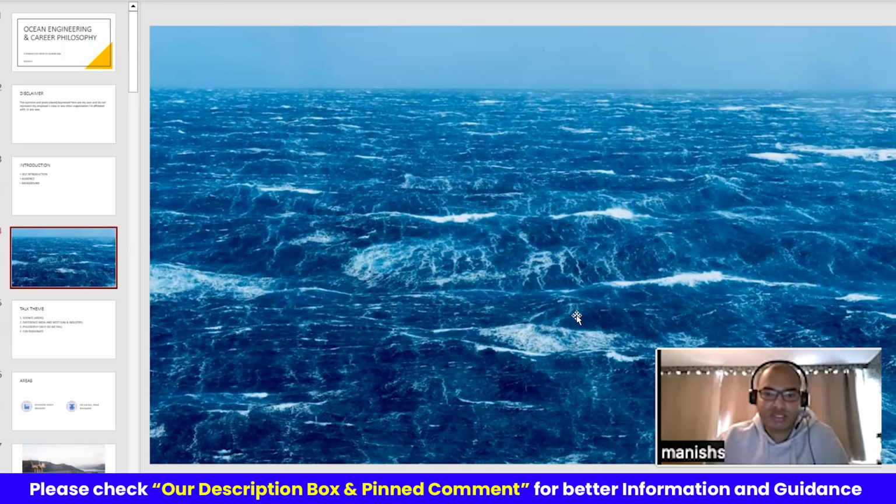In those studies and research, these ocean wave models come into the picture. So these waves are what I'm talking about. This is ocean engineering. Everything which floats in these waves, everything which is built beneath these waves, that is all ocean engineering.